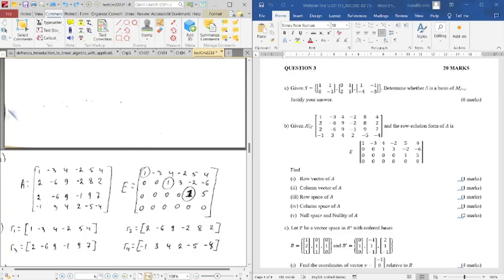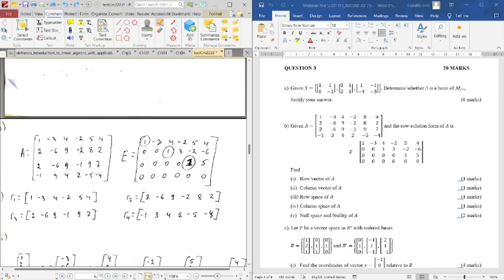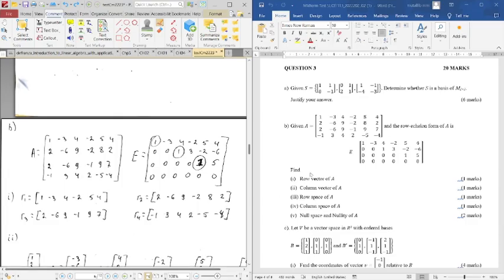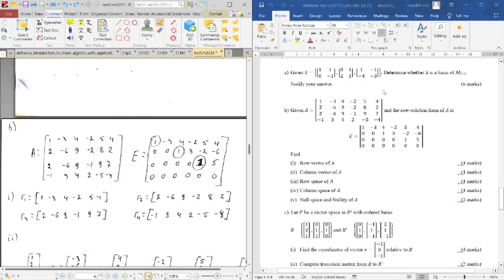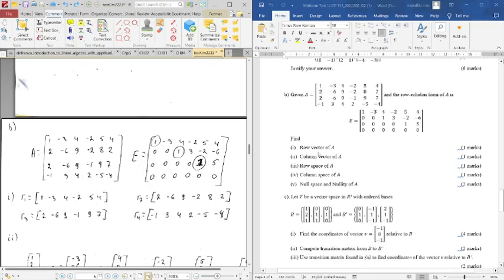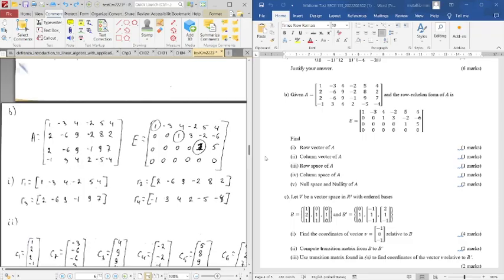So here this was the question A, and for B we are given a matrix and its row echelon form, and we need to find a row vector, column vector, row space, column space, null space, and nullity of the given matrix. So first let's start with the row vector.